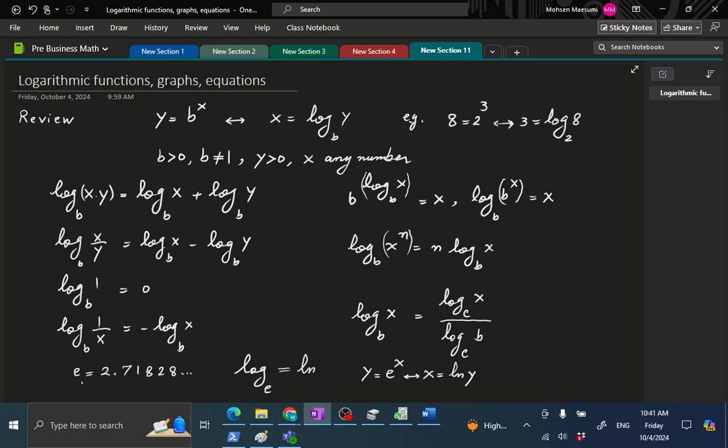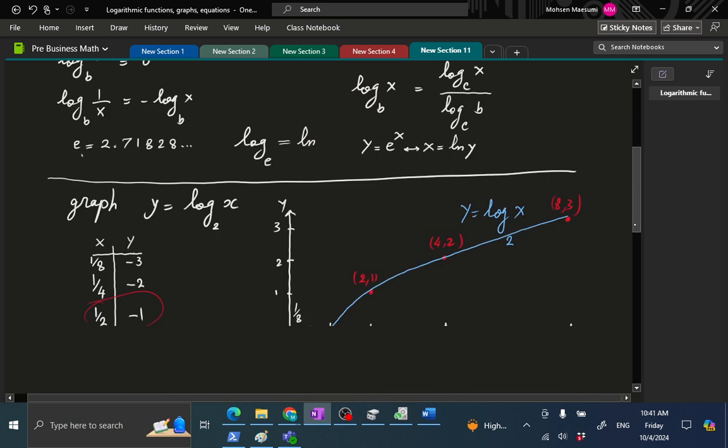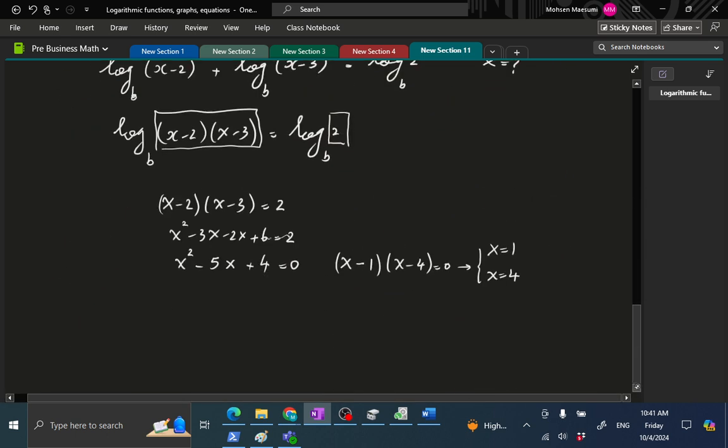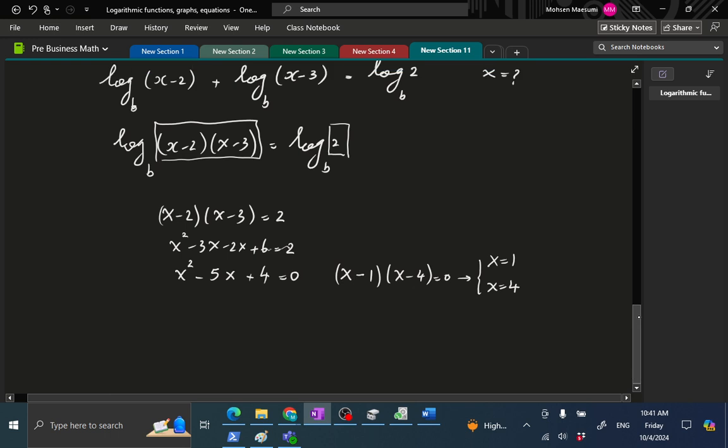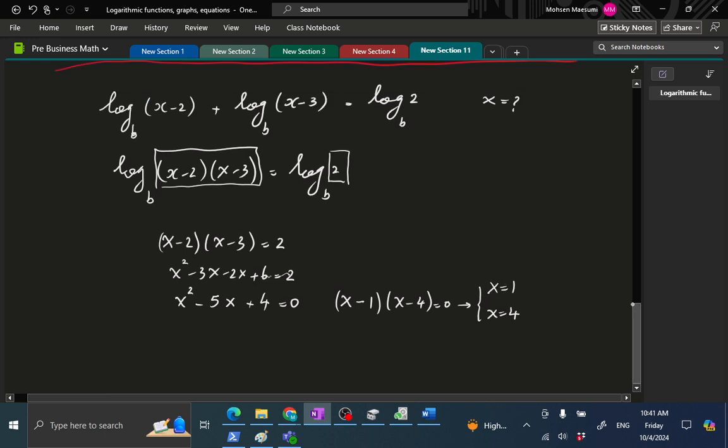So the input of a logarithm has to be positive. And here x equal to 1 is not acceptable, because if you go back then you're taking the logarithm of a negative number, so this falls out. We have to flag that out.